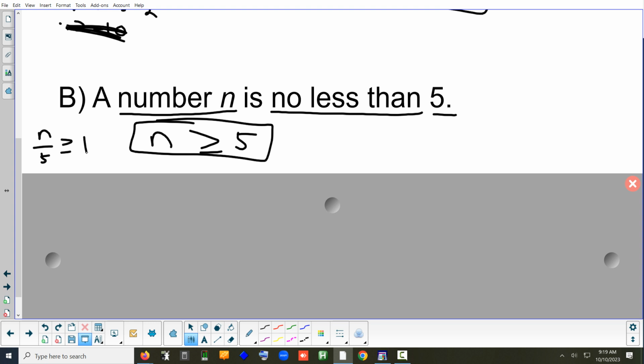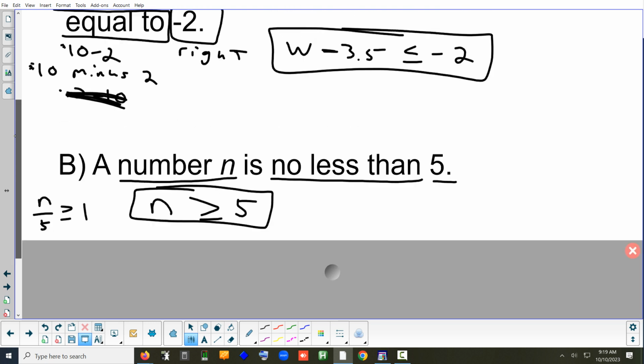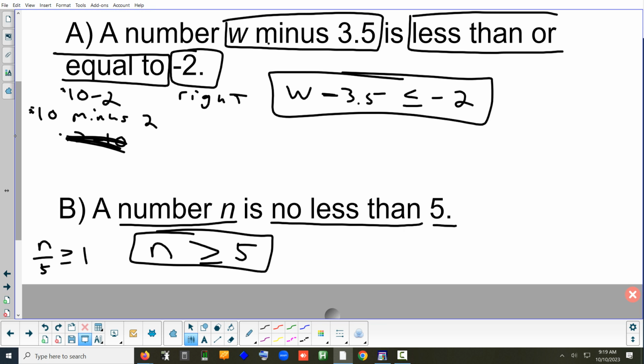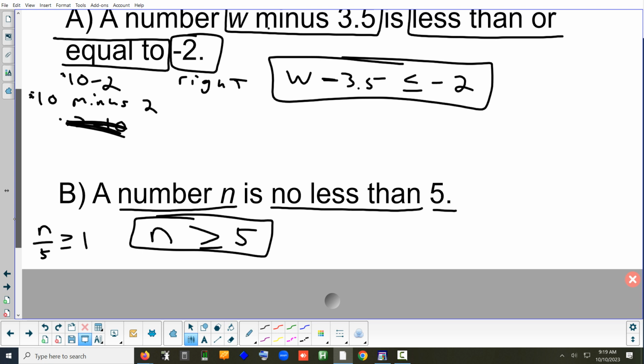So the goal when you're solving an equation or an inequality is to get the letter by itself on one side. Okay. So does that change anyone's thoughts about what you would do if I said to solve this? You would just keep it the same. It already is solved. It says n is greater than or equal to 5. Once the letter is by itself, you're done. In this problem, the letter was not by itself, so we'd have to solve it if that's what they asked for.